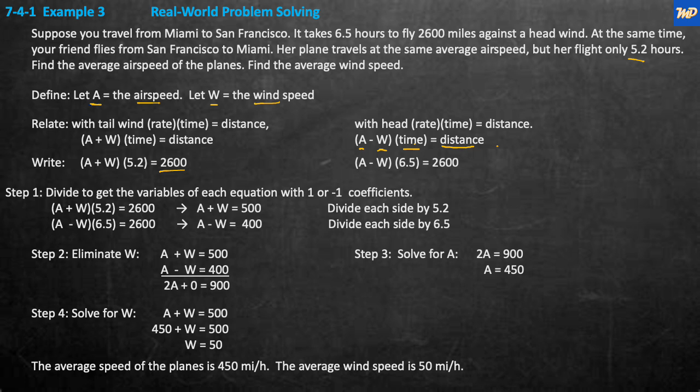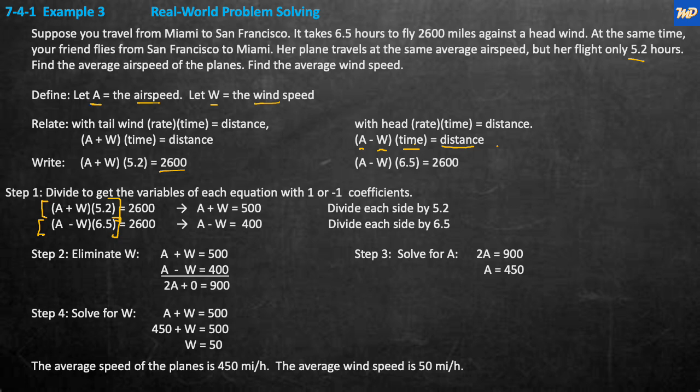Step one: divide to get the variable of each equation with 1 or -1 coefficients. What that is telling us to do is, we have this distributive property feature, A plus W times 5.2, and the other one is A minus W times 6.5.